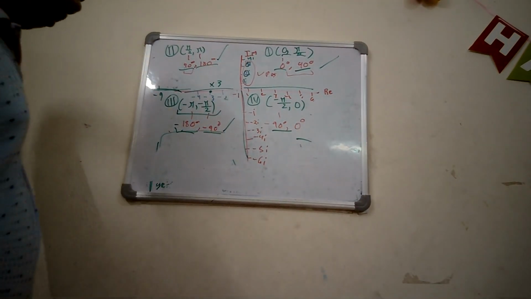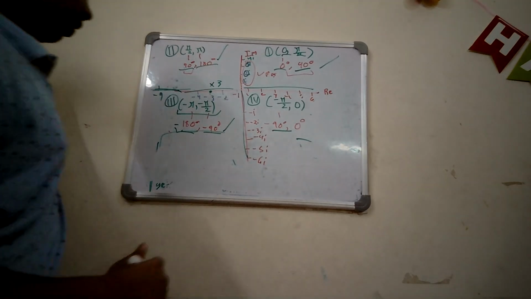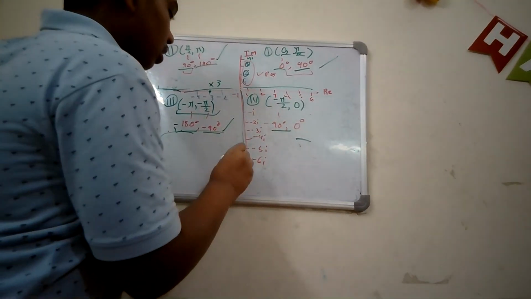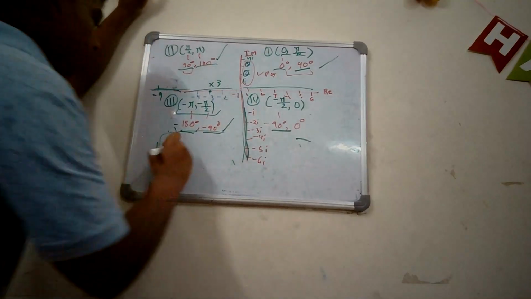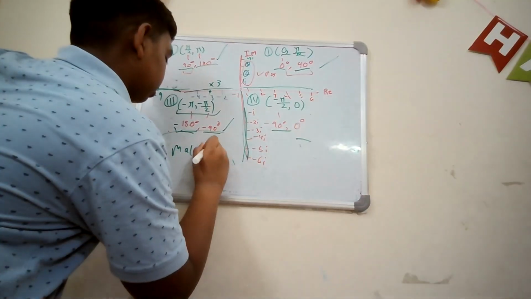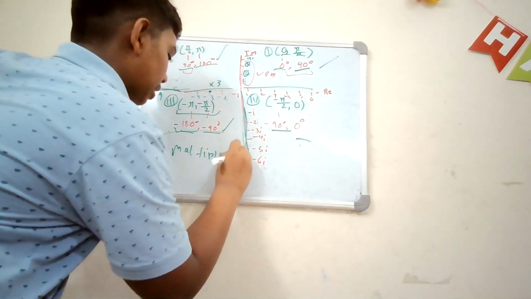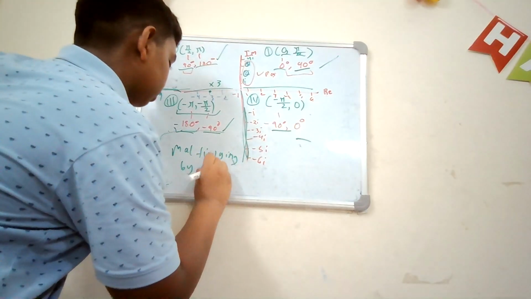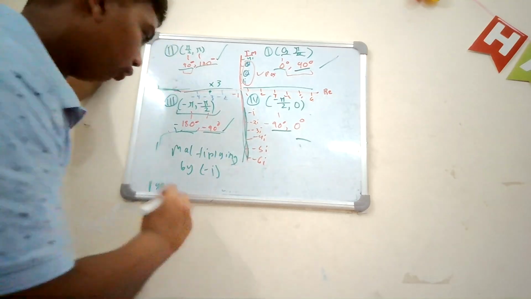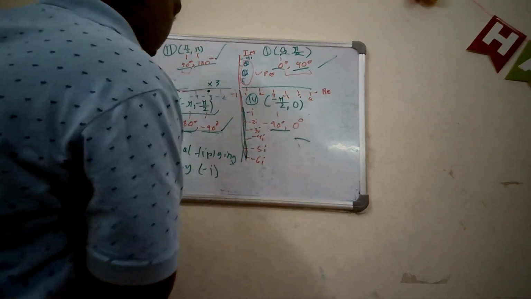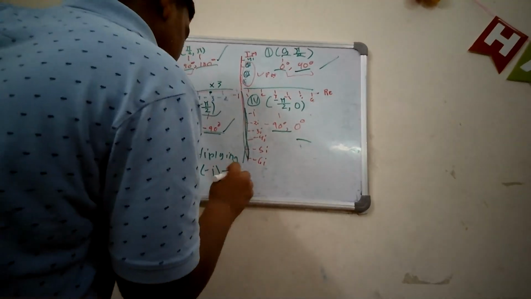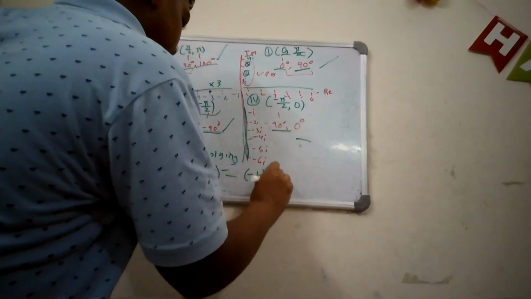Suppose I'm multiplying by negative i. As I said, the coefficient does not matter. We can write this as negative 1 into i, right?